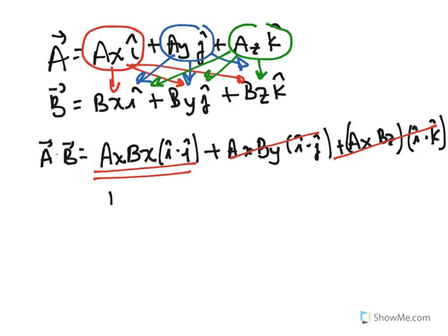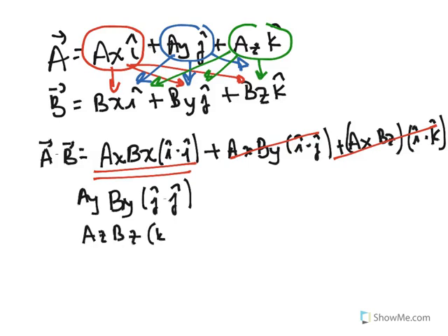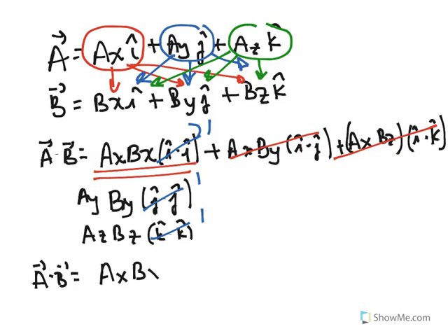Those will cancel, and we will remain only with ay by times j dot j, and az bz times k dot k, and all of these, I times I, J times J, and K times K, will go to 1, which will mean that at the very end A dot B is going to be ax bx plus ay by plus az bz, and this is just a number. This is a scalar.